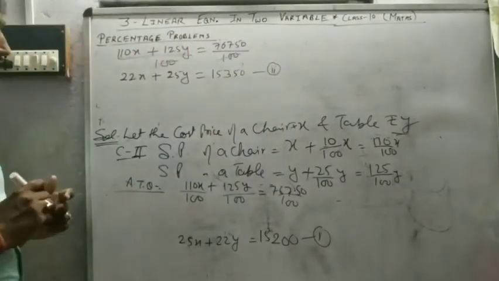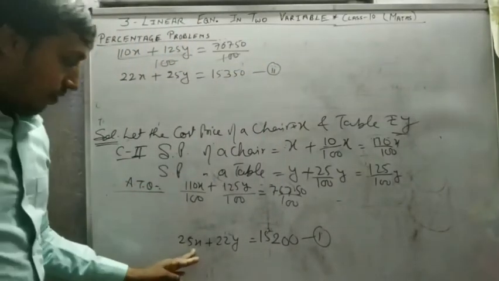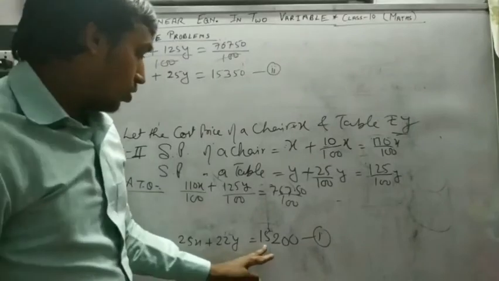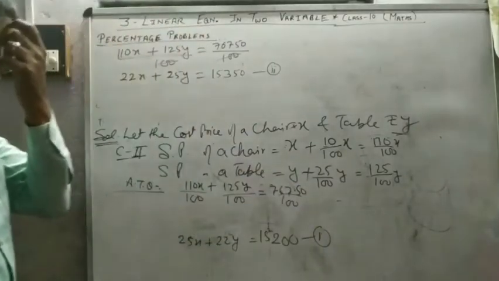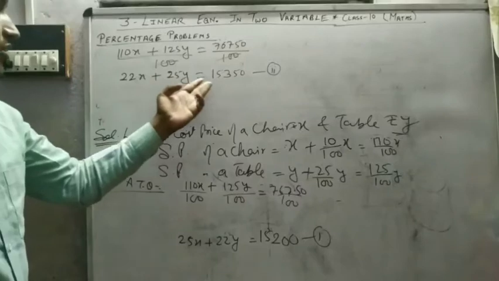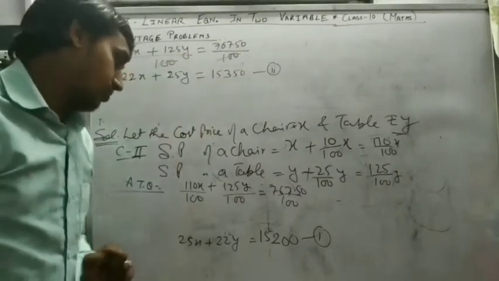Equation number second. First equation: 25x plus 22y is equal to 15200, and second equation: 22x plus 25y is equal to 15350.